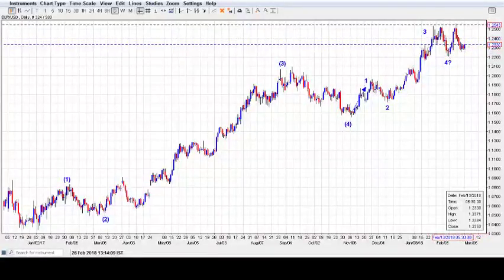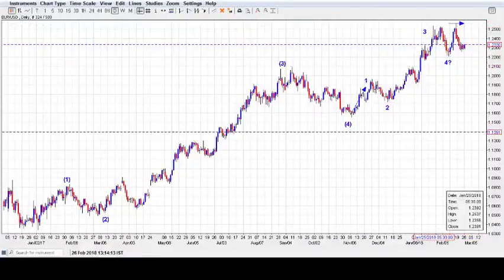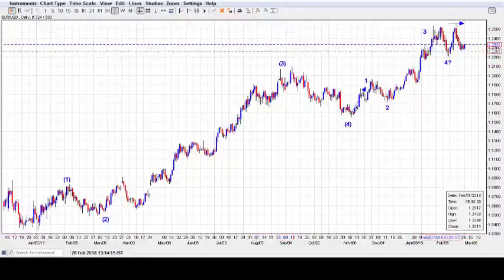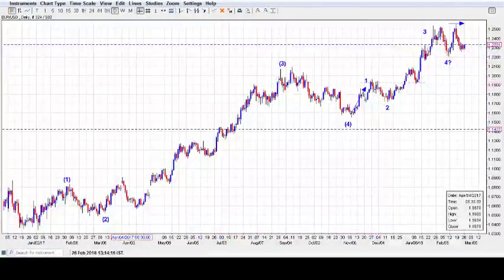So watch out for the resistance mark around the 2550, 2600 levels. There should be some formidable reaction around those levels.